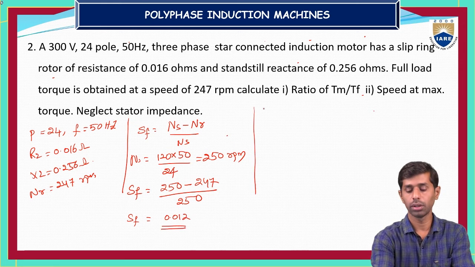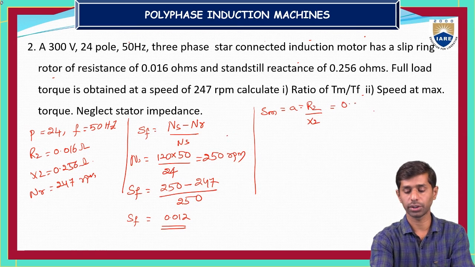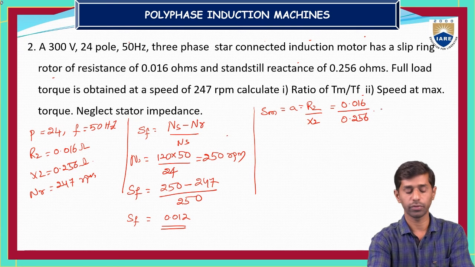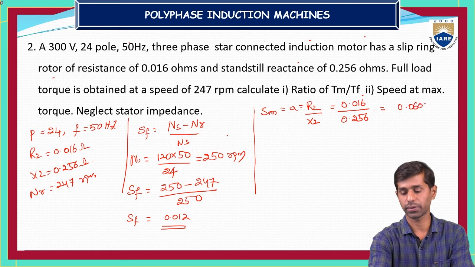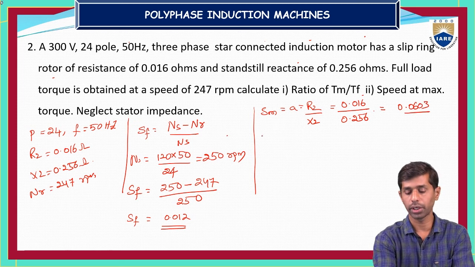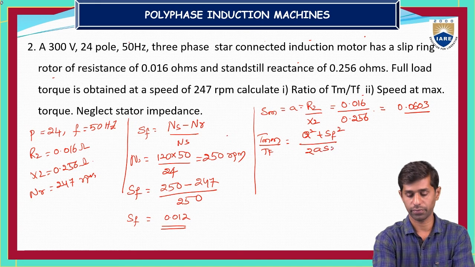Then the slip corresponding to the maximum torque, a equals R2 by X2. R2 is already given, 0.016, and X2 is given, 0.256. Simplifying it, we will get 0.0603. Then the ratio of maximum torque to full load torque, Tm by Tf, equals (a square plus Sf square) by (2 a Sf).